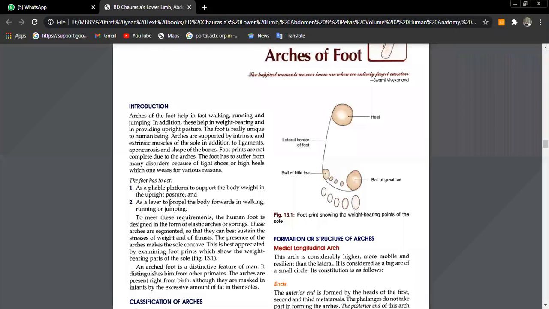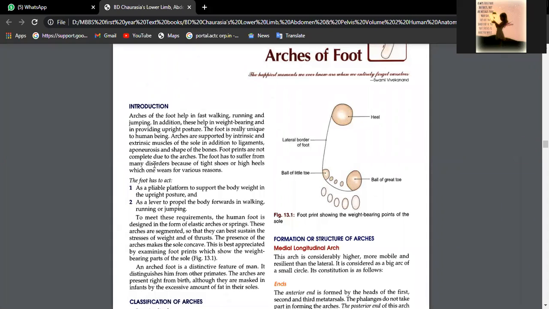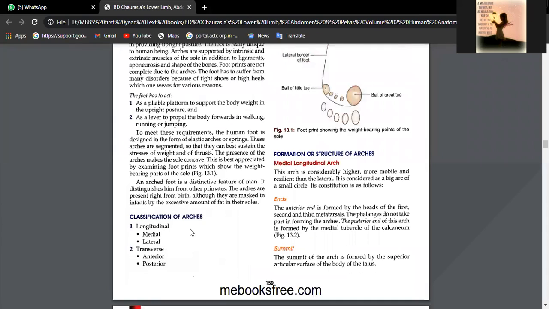It also acts as a lever to propel the body forwards in walking, running, jumping. The arches are supported by intrinsic and extrinsic muscles of the sole, in addition to the ligaments, aponeurosis, and shape of bones, all of which add to the support and formation of these arches.